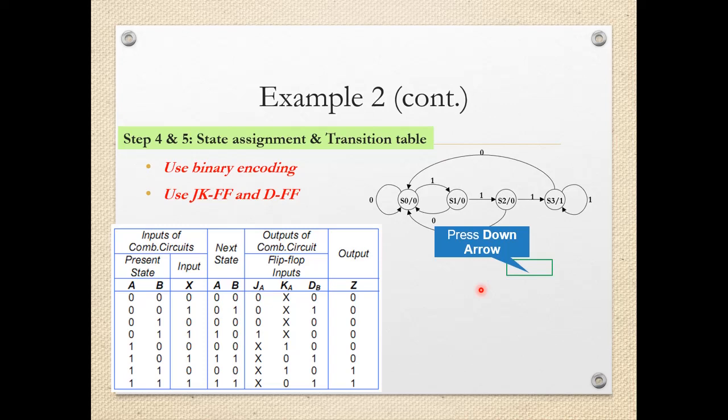Now if you use some other flip-flop like JK or a T flip-flop or an SR flip-flop, then as per the excitation table we have to prepare the input which should be given to the flip-flop, so that after giving a clock you will get the same at the output. So by referring to the excitation table of the flip-flop, this flip-flop input is obtained. What should be the flip-flop input so that we'll get the required next state.